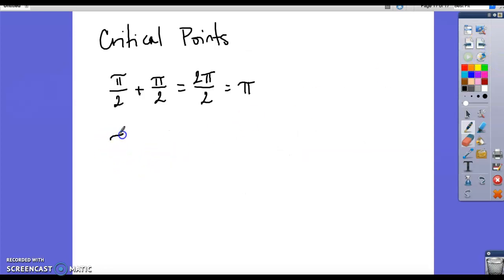Then to find my next one, I'm going to add pi over 2 again. Pi is the same thing as 2 pi over 2, which gives me common denominators, so I'm just going to write it that way.